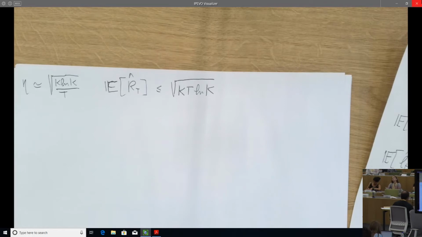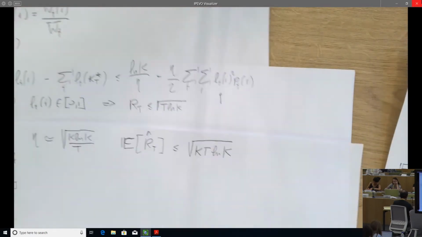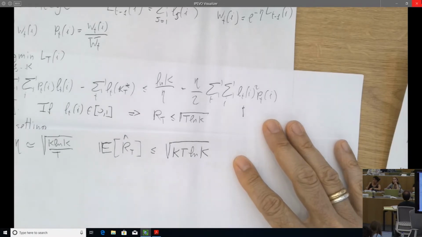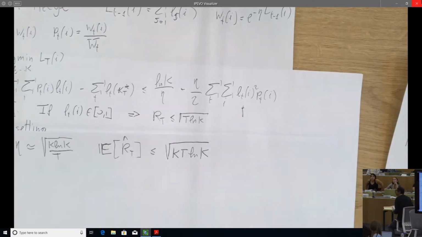Notice that with respect to what we had before, we now have a K term inside a square root. The K term is there because we are seeing a Kth of the information. So this is the price of the variance that we pay because we see a much smaller amount of information. Before we didn't have any variance, now we have a variance of the order of K, because we are seeing 1/K of the information with respect to before. This is all the intuition.